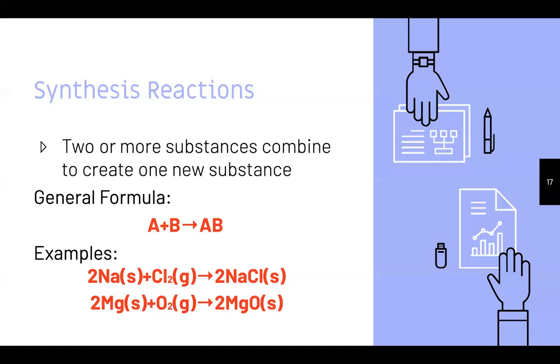So when the charges of 2 and the chloride and oxygen gas combine, they actually cancel out to form just NaCl and MgO. So from there, we just need to balance all the elements.